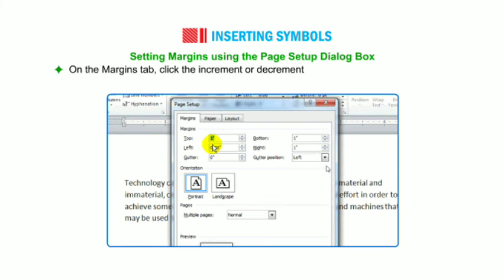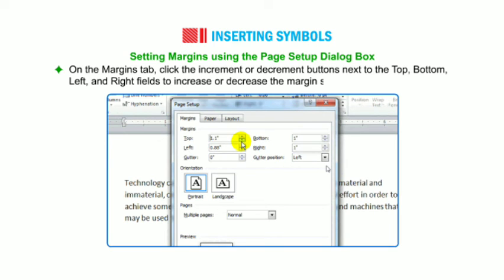On the margins tab, click the increment or decrement button next to the top, bottom, left and right fields to increase or decrease the margin settings respectively. So there are buttons available to increase or decrease.